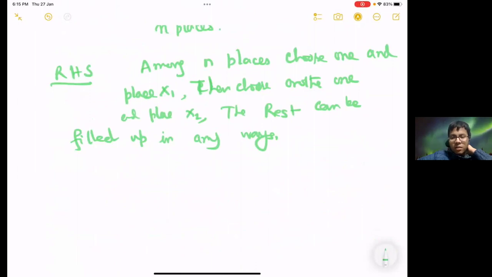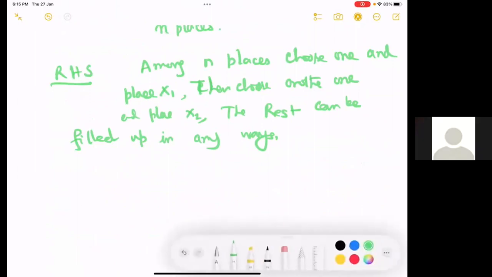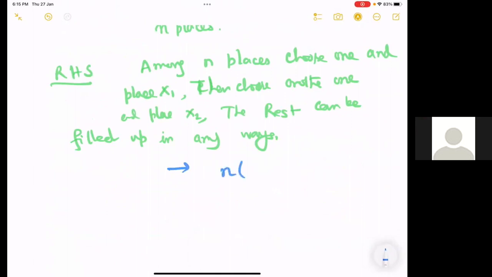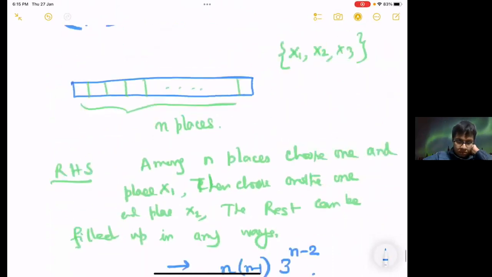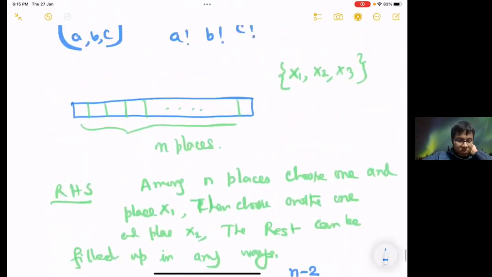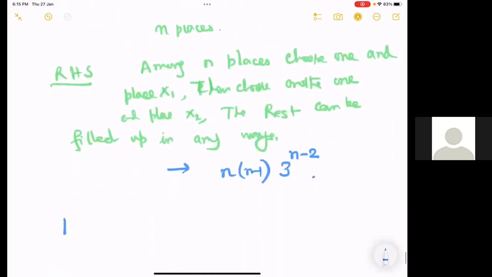Let me just complete. So this you agree, right? This can be n times n minus 1 times 3 to the power n minus 2. Do you agree on that? Yes, sir. Okay, so let's now do the left hand side.